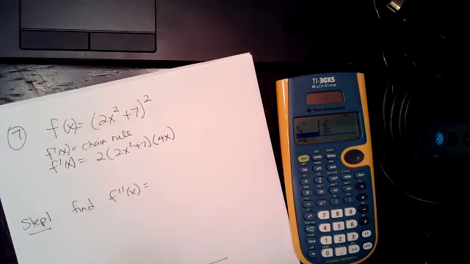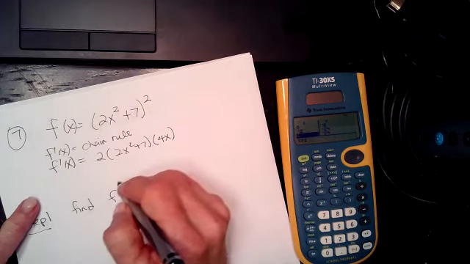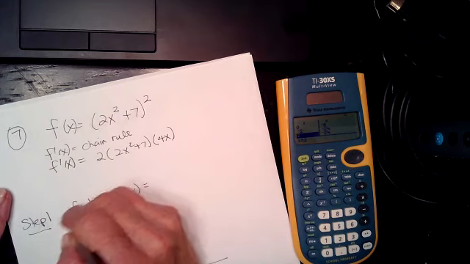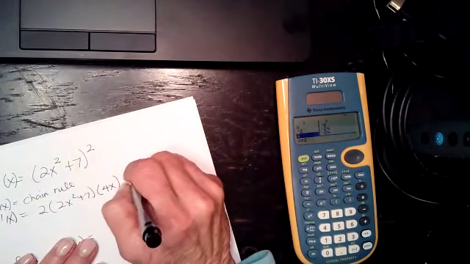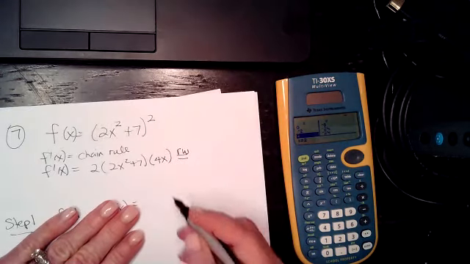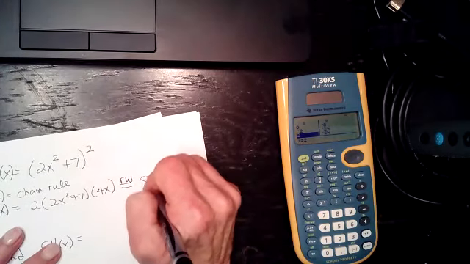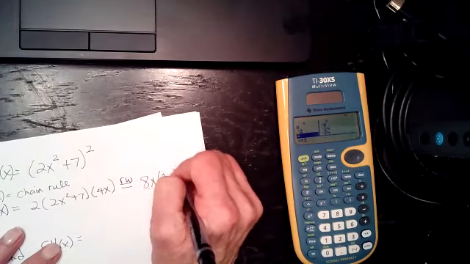Okay, all right, so now how are we going to find the second derivative? I can rewrite the first derivative as 4x times 2, which is 8x, times 2x squared plus 7.